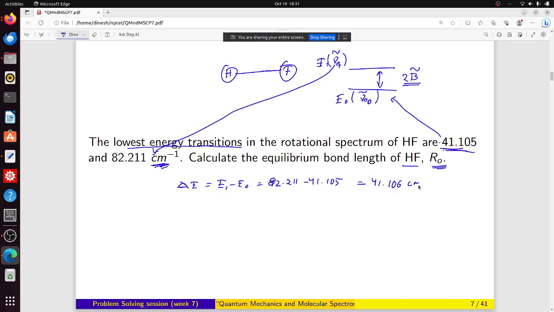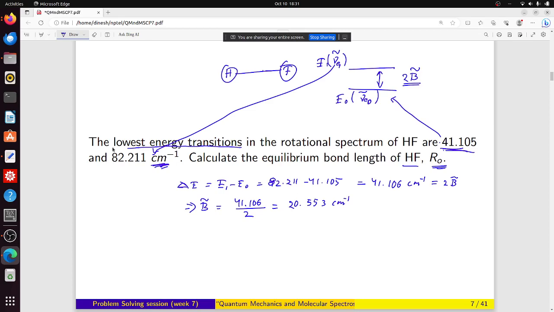51.106 centimeter inverse. So this will be equal to 2 b tilde, right? So from this we can get b tilde to be 41.106 over 2, which will give me 20.553 centimeter inverse.